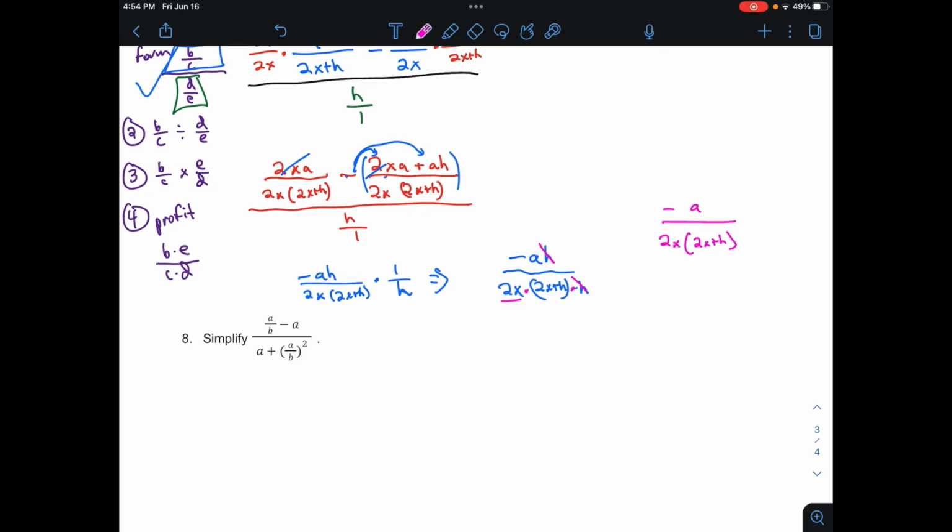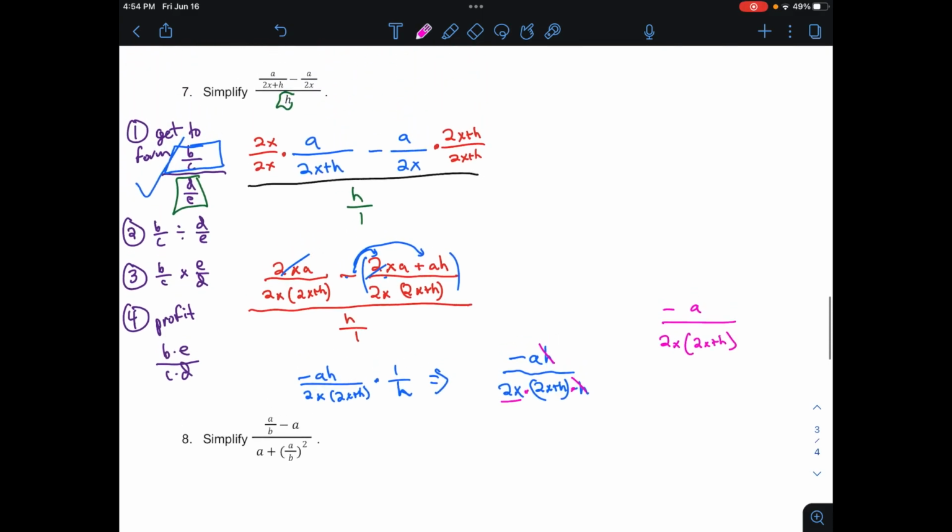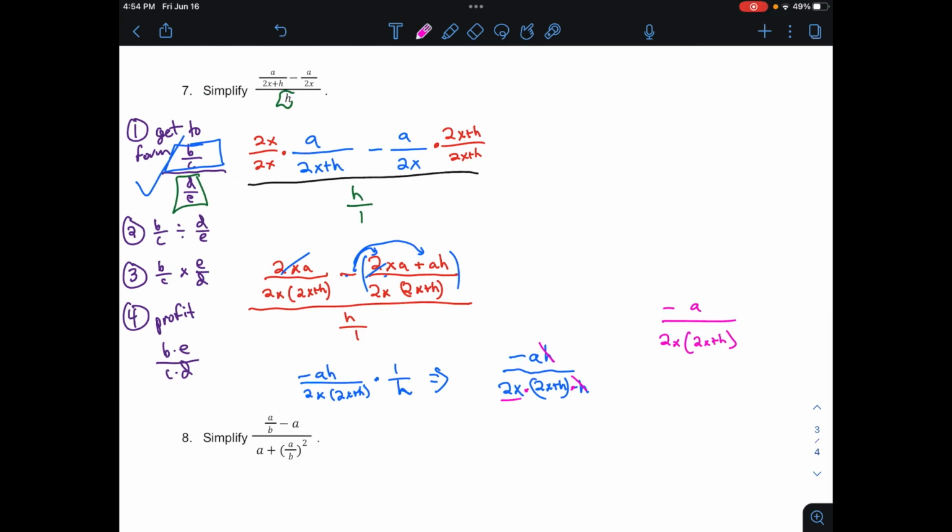However, we did do a couple of things here. In our initial fraction, there are a number of things. Our domain here is x does not equal 0. h does not equal 0. And then we also don't want 2x plus h to equal 0, because if this was 0, this was 0, or this was 0, we would end up dividing by 0.